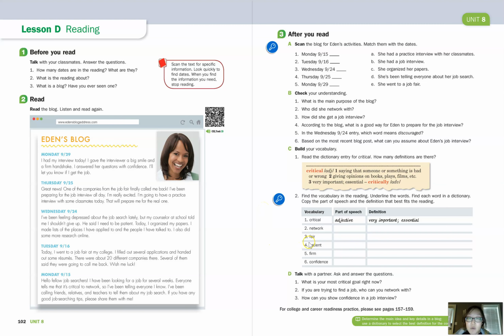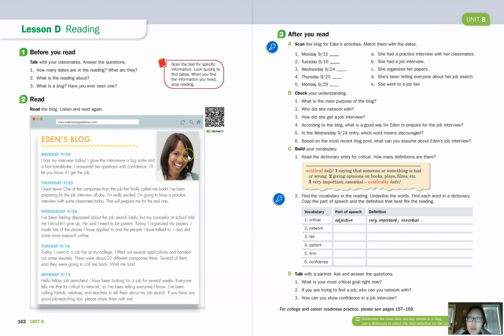Okay, and then number 3, fair. We can find it here. Today I went to a job fair at my college. So in this case, the part of speech is a noun. Okay, and you are probably familiar with fair as an adjective, like when your children say, "That's not fair." So that's a different definition.